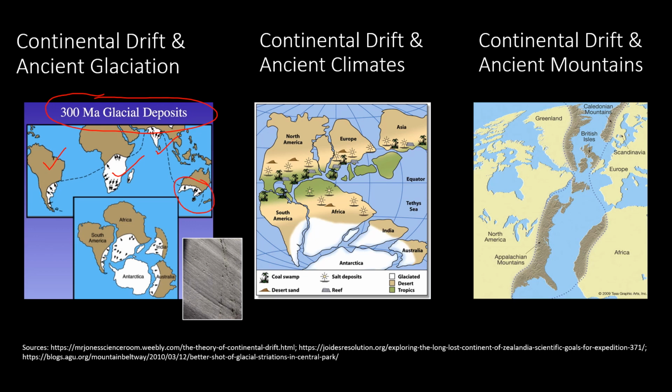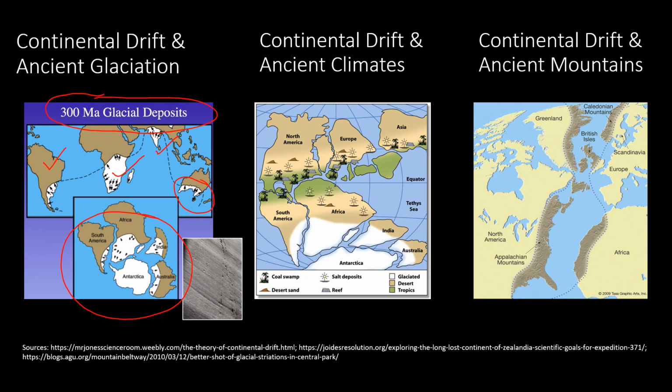Interestingly, though, when Wegener put all of the continents back together to form his hypothetical supercontinent that he called Pangaea, he noticed that what appeared to be separate glacial deposits on widely dispersed continents actually turned out to be a single ice sheet that formed in the middle of Pangaea and spread out to what are now all of the different continents.